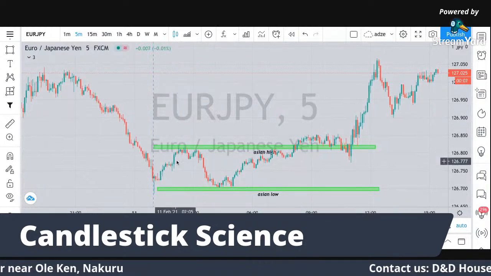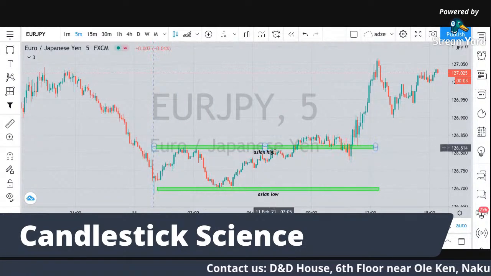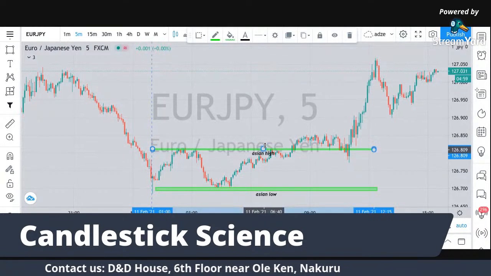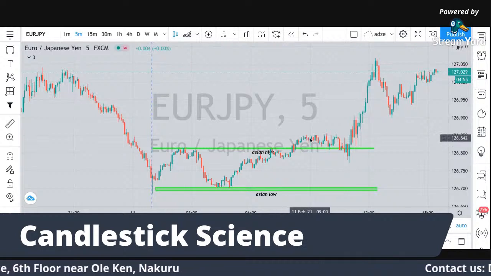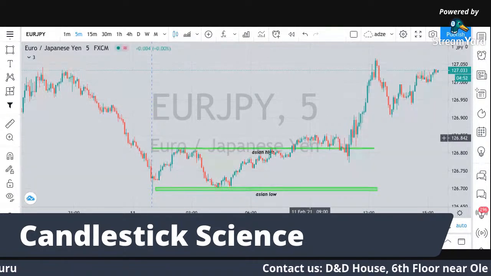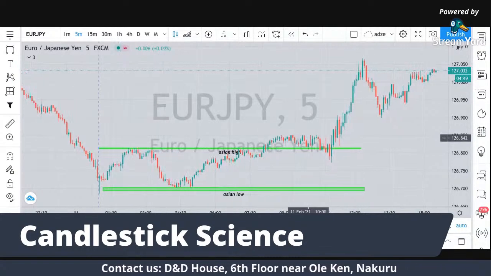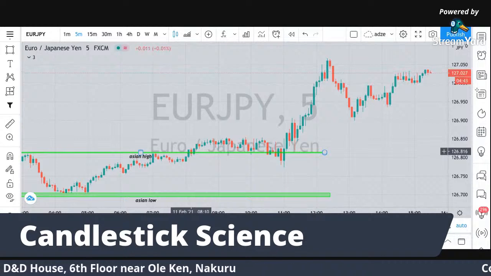So price created a high, came back, created a low, came back, retested the same high. It broke the high just before the London session. London session starts at 11, and it broke at around 8.